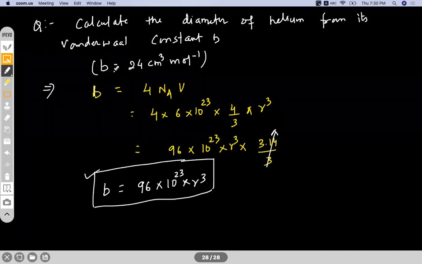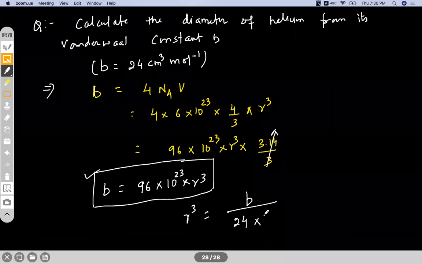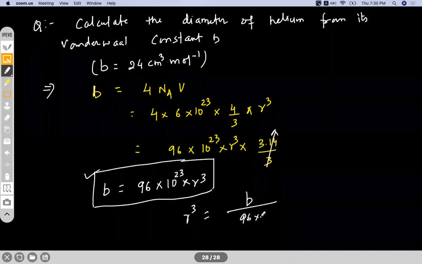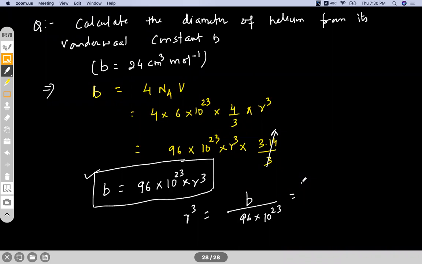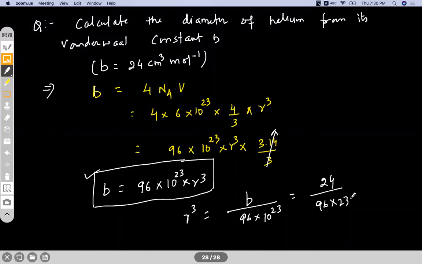Then you substitute the value of B here and you will get r cube as B divided by 96 into 10 to the power 23, which is 24 divided by 96 into 10 to the power 23.